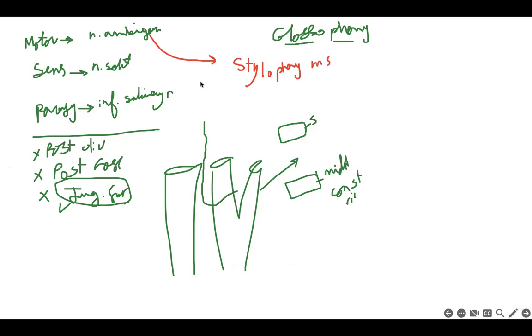Now what about the sensory? This nerve, from the name, glosso means tongue. So it gives a lingual branch to supply general and taste sensation to the posterior one-third of the tongue. So any lesion of this nerve causes loss of the general and the taste sensation from the posterior one-third of the tongue.